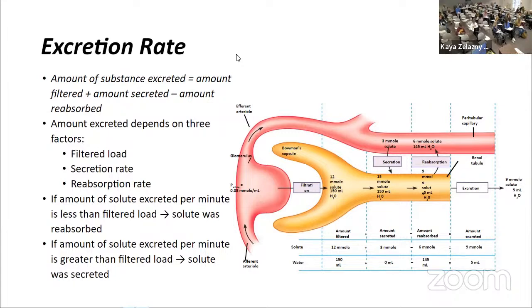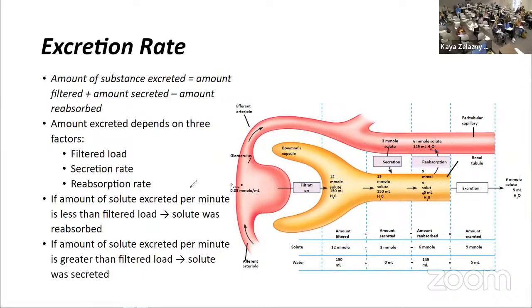Remember, the filtered load had to do with multiplying the glomerular filtration rate times the concentration of that solute in the plasma. So the filtered load is saying how much of this substance is ending up in the nephron. Secretion rate would be the rate at which you're secreting even more, extra, into the filtrate. Reabsorption rate, how much are you moving back into the plasma?